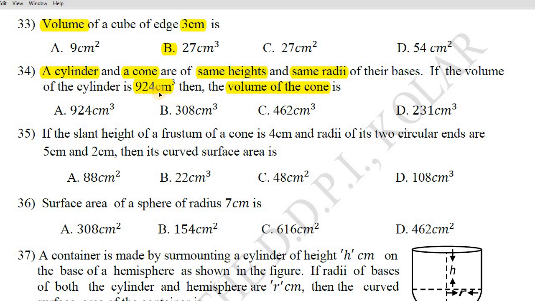Here the volume of the cylinder is given, so divide 924 by 3, because the volume of the cone is 1/3 of the volume of the cylinder. As you divide 924 by 3, how much do you get? That is 308. Hence option B is correct, children.